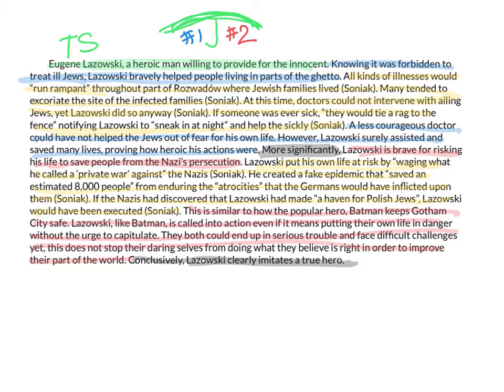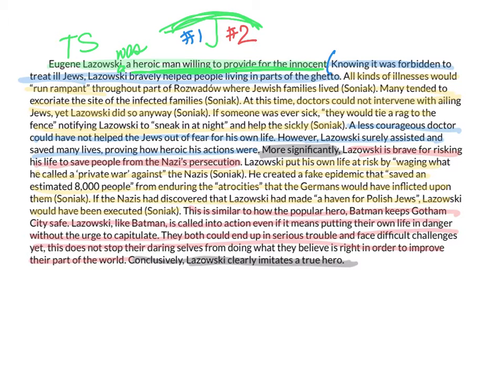Eugene Lazowski was, please proofread, a heroic man willing to provide for the innocent. Okay, so providing for the innocent is the topic here, that he was heroic, providing for the innocent. So now we have to check each of our topics, or each of our claims.